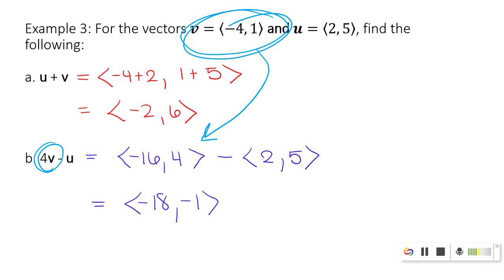So negative 4 times 4 is negative 16. 1 times 4 is 4. And then I subtracted vector u, subtracting those corresponding components. So negative 16 minus 2 is negative 18. 4 minus 5 is negative 1.